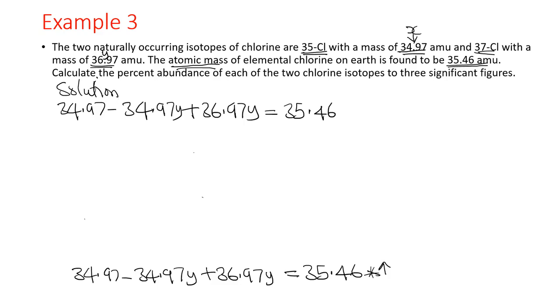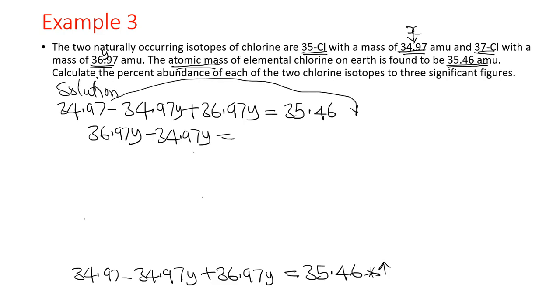Then what I do, I group the y's together, and I group the numbers without any letter together on one side. So what do I have? 36.97y minus 34.97y is equal to, if I transfer this one to this side, it will have a negative.